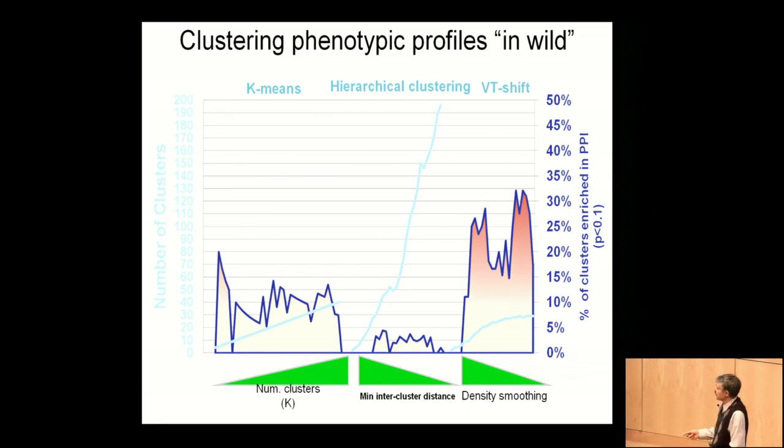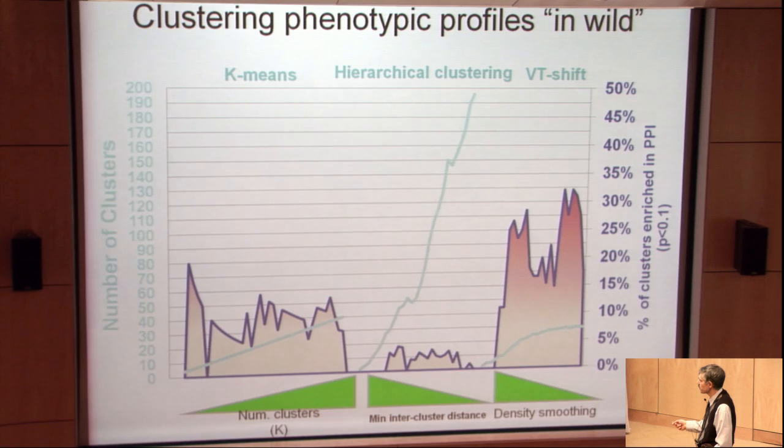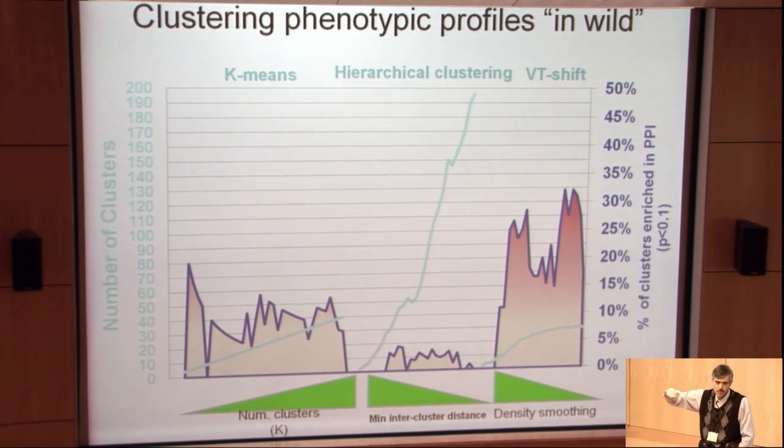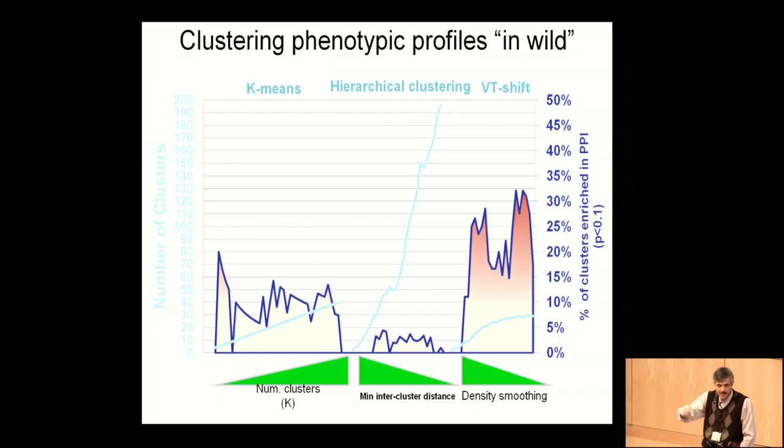So what do we see? In the standard clustering, which is hierarchical clustering, we see very little enrichment in protein-protein interaction in reality. And in hierarchical clustering you have the full tree, so you have to cut it somewhere and decide, okay, here I cut it, and these are my clusters.